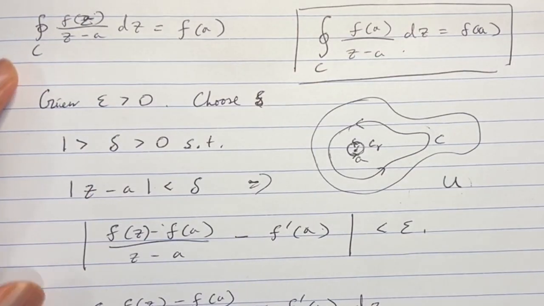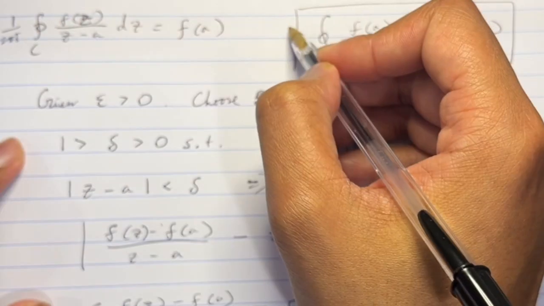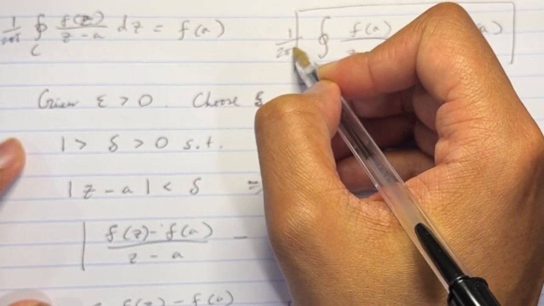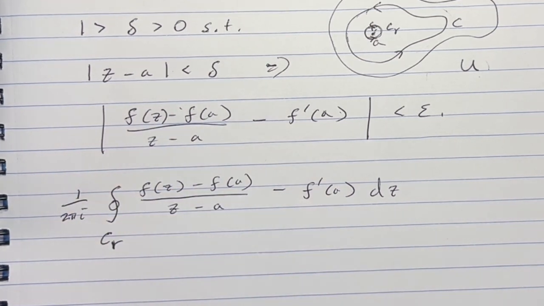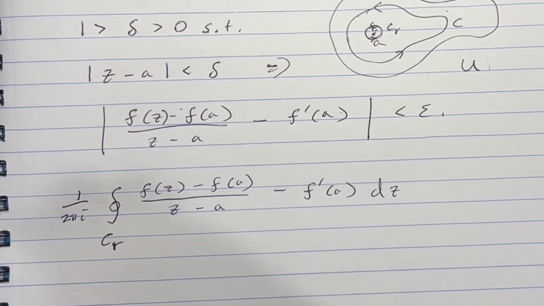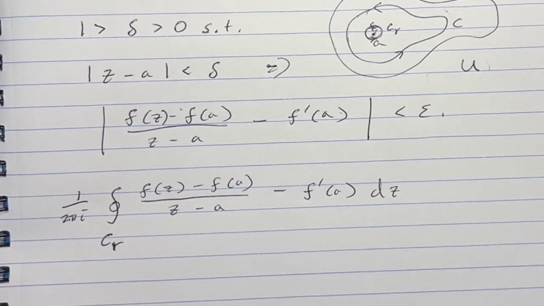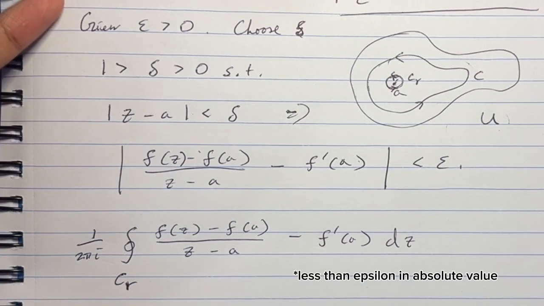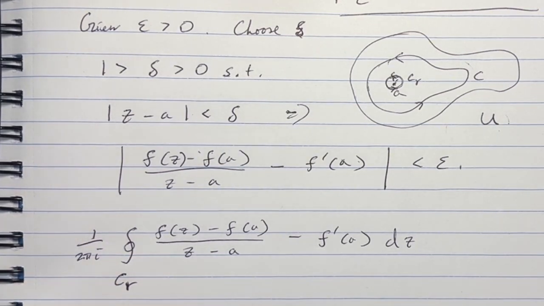There's something I keep forgetting: in all of these, we need 1 over 2 pi i as a constant, and also here, 1 over 2 pi i, although in this case it's not really necessary, but we'll put it in anyway. We want to show that this entire thing is less than epsilon, and because epsilon was arbitrary, we can choose epsilon as small as we like, and by analysis, this is just 0.